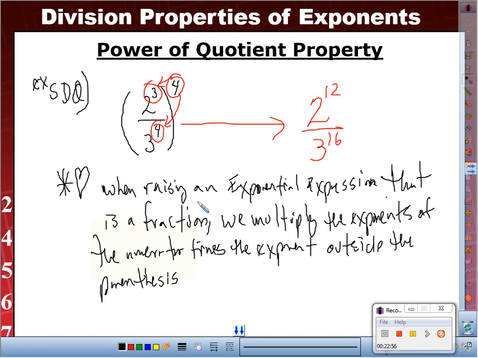Are we done? Let's see. When raising an exponential expression that is a fraction, we multiply the exponents on the numerator times the exponent outside the parentheses. We're not done.